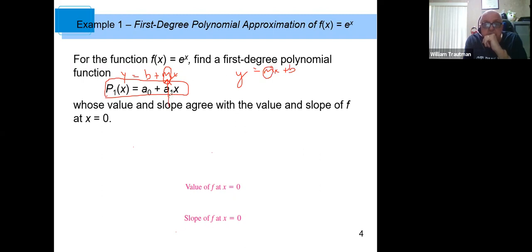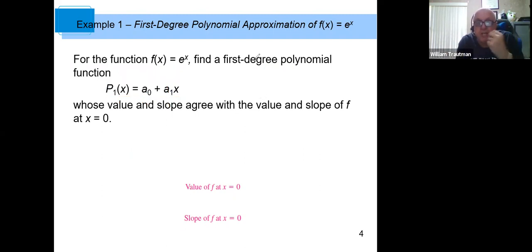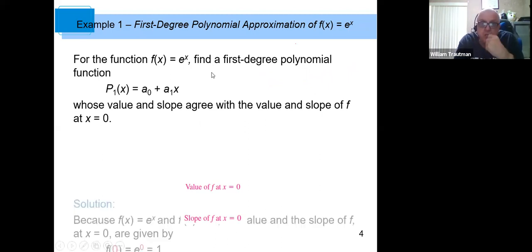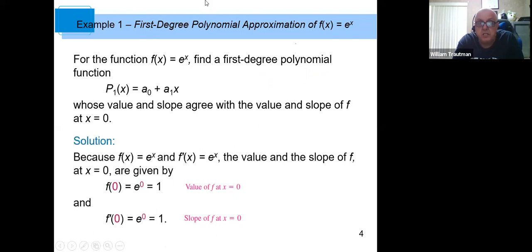And the slope is A1, the y-intercept is A0. And that's what we want to do. We want to create a polynomial. A polynomial is x to a power, right? I mean, this is a polynomial, and we want to mimic this. So that's what we want to try to do. We want to create a polynomial to actually mimic the other thing we're dealing with.